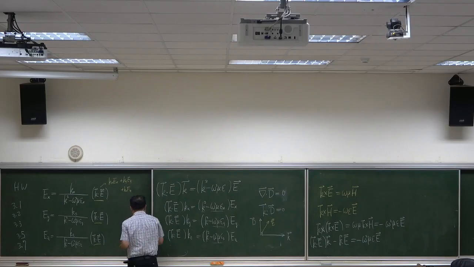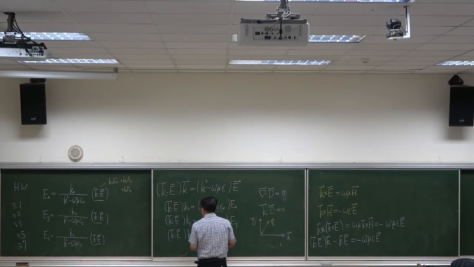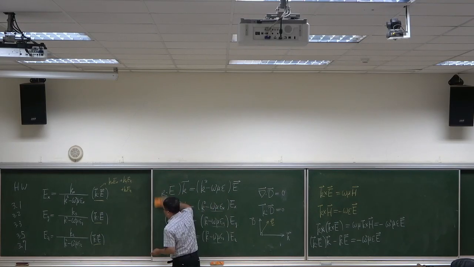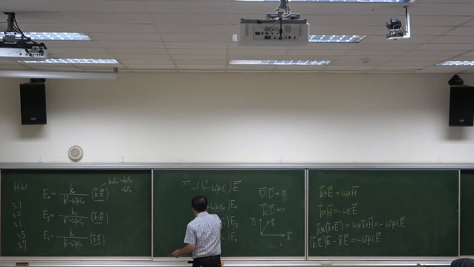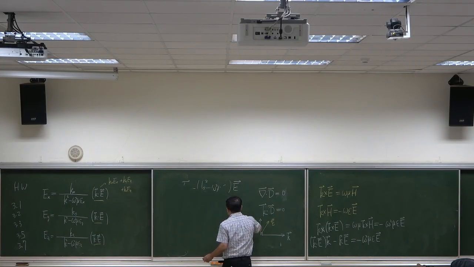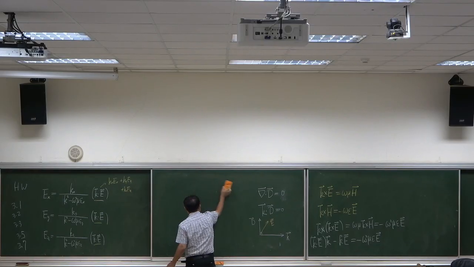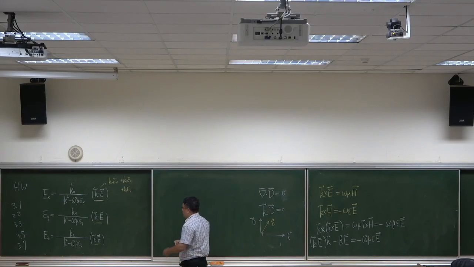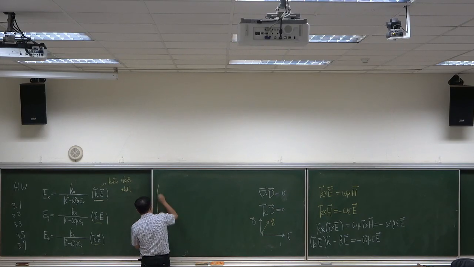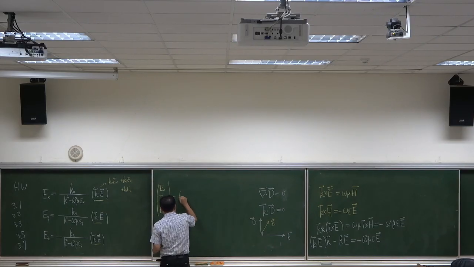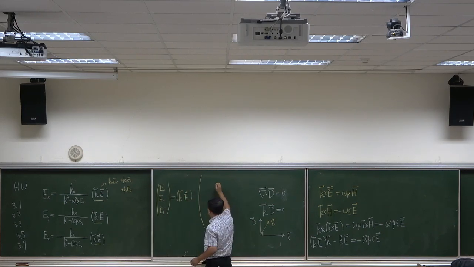This means that now Ex, Ey, Ez is k dot E times this.